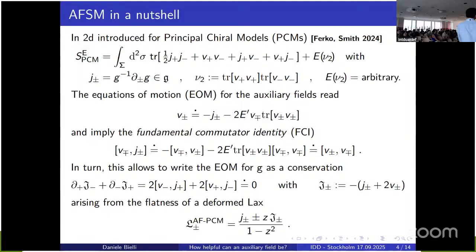There might be some approaches one could try, other quantization techniques, for example maybe exploiting these many higher spin symmetries, perhaps using techniques coming from W algebras. Oh no, I'm talking about something much more naive.